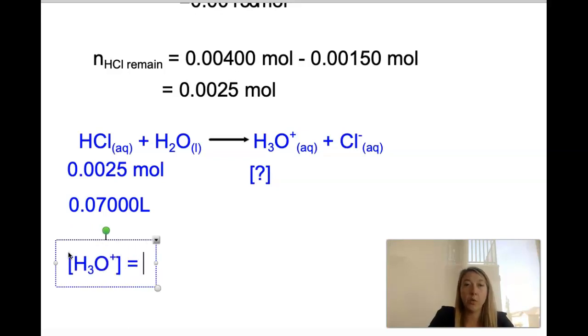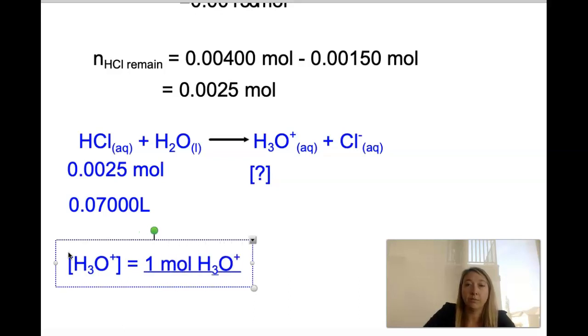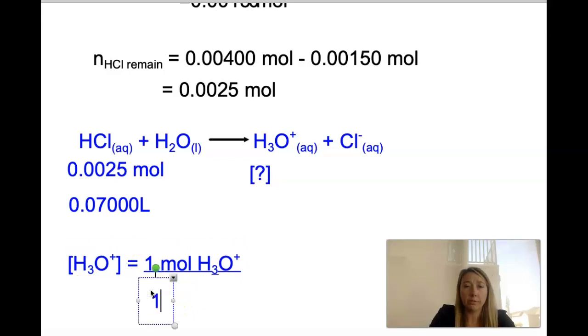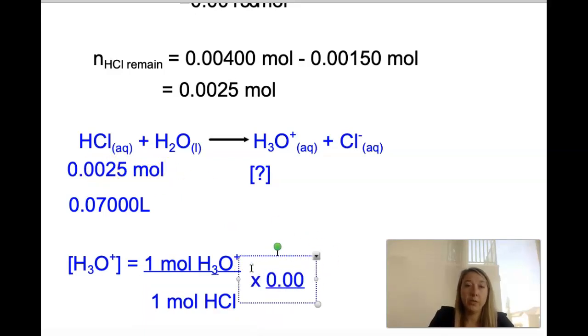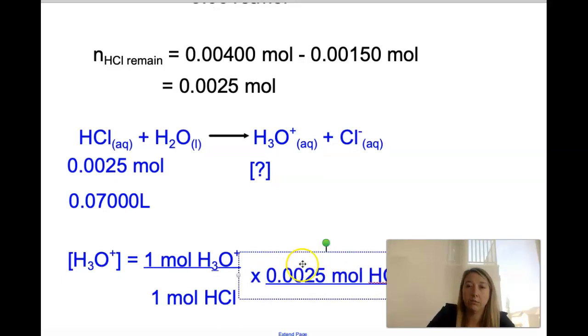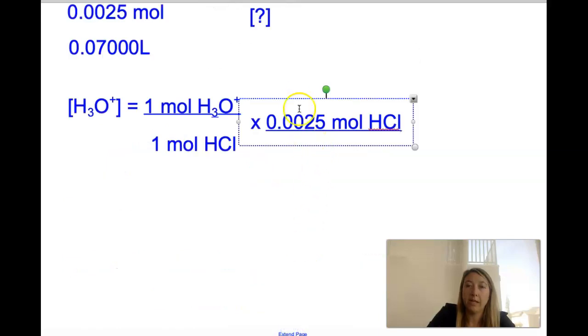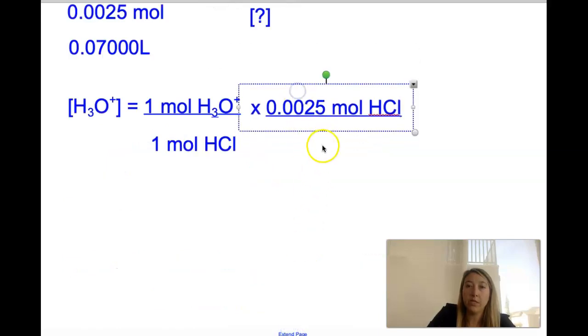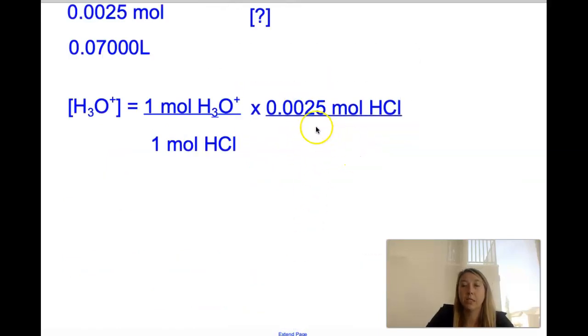Now I have the information that I need to be able to calculate the concentration of the hydronium. So we can start with our ratio. So 1 mole of H3O plus, and that is going to be over 1 mole of HCl. Okay, then we know how many moles we have of HCl. So we can times by 0.0025 moles of HCl. And we're going to put that over 1, right? Because there is no bottom part to that.